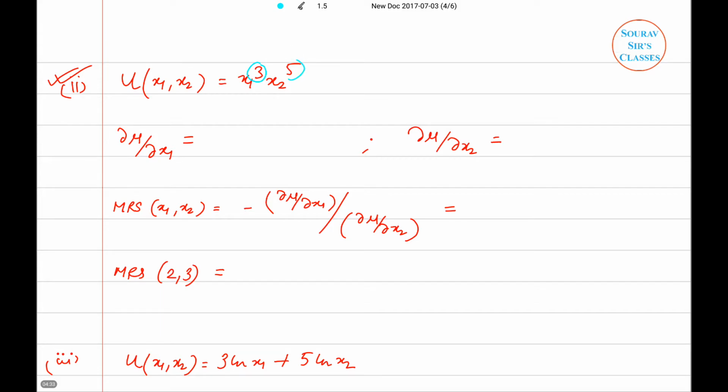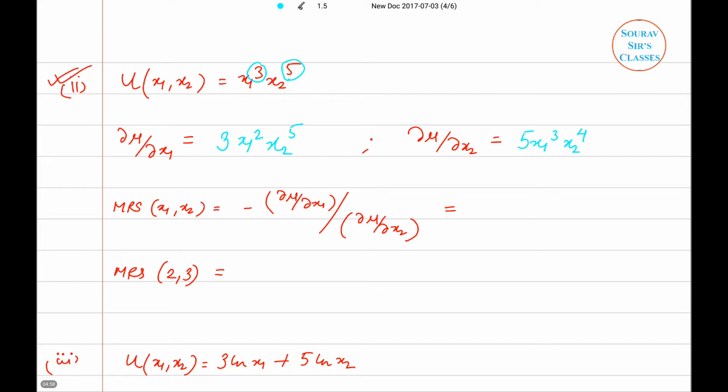Now we will start with the partial derivatives as we have done before. So this will be 3x1 squared x2 to the power 5, and the other will be 3x1 cubed x2 to the power 4.